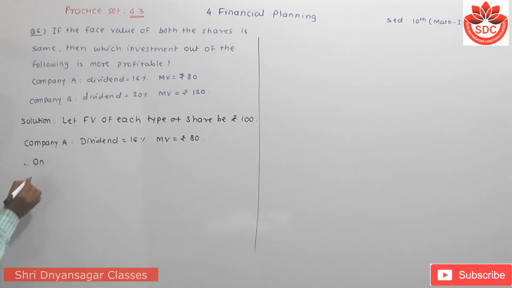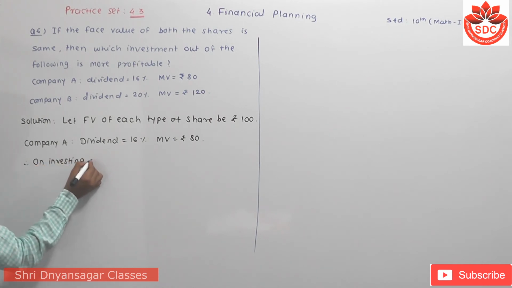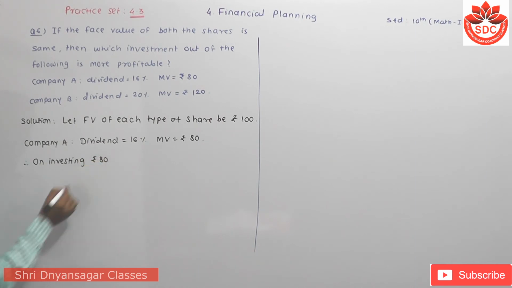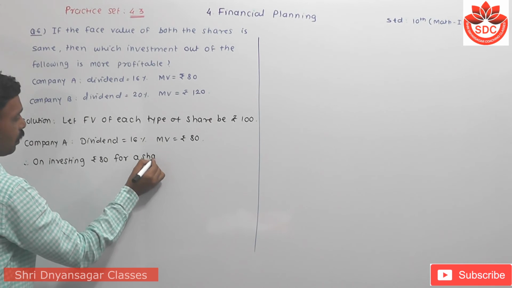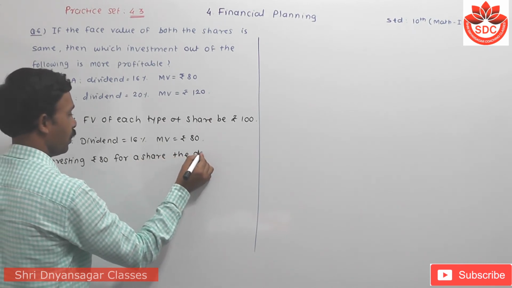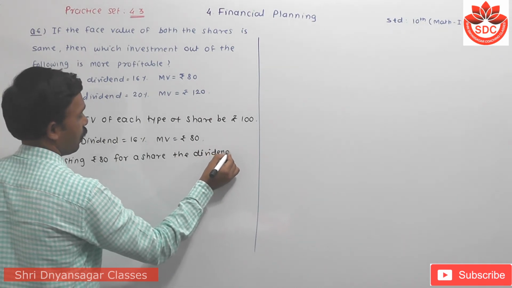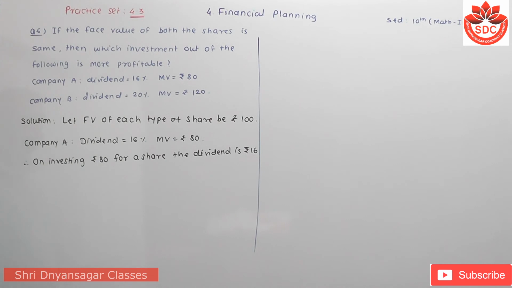Therefore on investing 80 rupees for a share, the dividend is rupees 16.